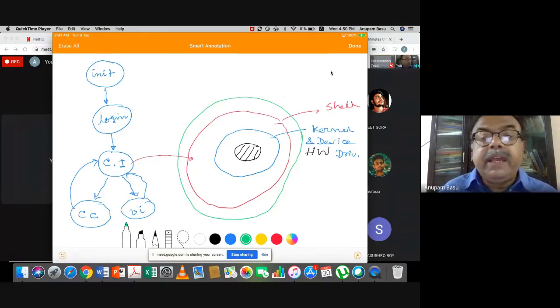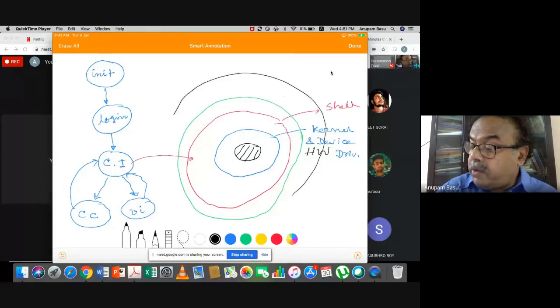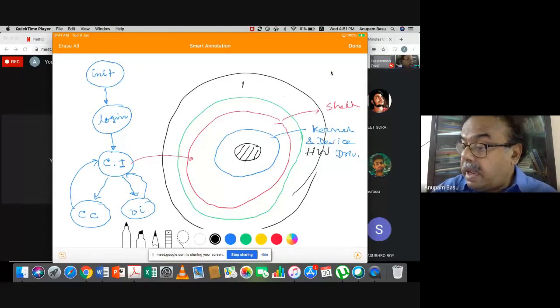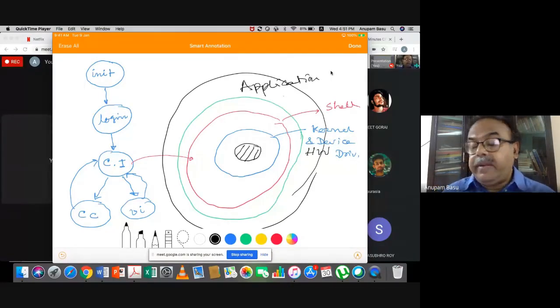Although it's not looking like an onion because of my bad circling, you can have a better circling. And at the top of all, we have the application layer. That means whatever application we write, that is running.